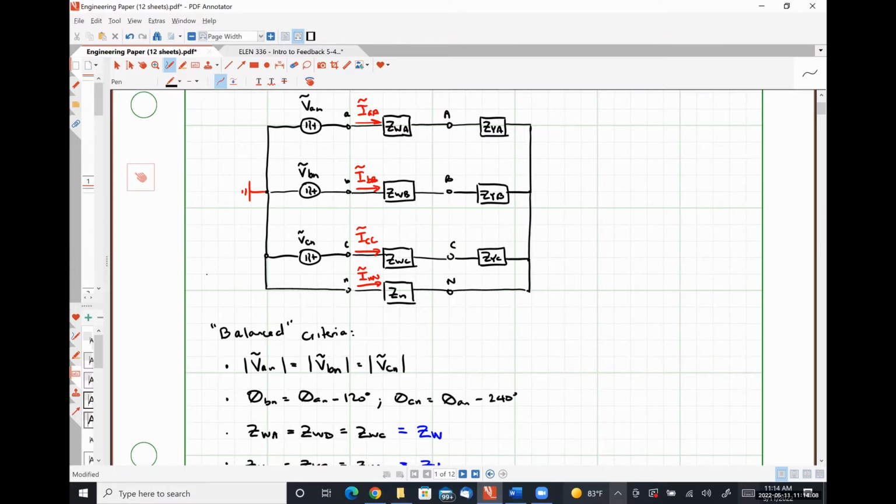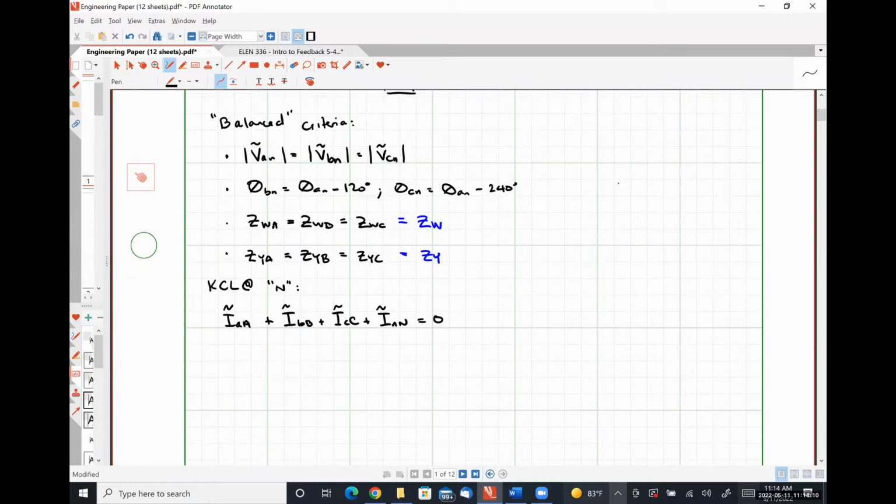So the voltage drop over the A phase looks like VAN minus V capital N lowercase n divided by ZWA plus ZYA. Sorry, I should be using capital letters for this because that's what I've been doing. Don't want to be confusing. So this represents our line current IAA, and we can repeat this for line currents IBB, ICC, etc.